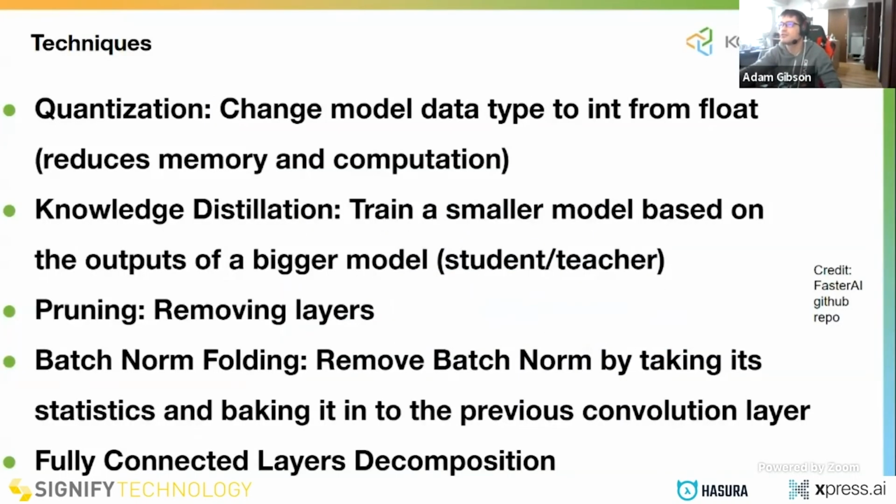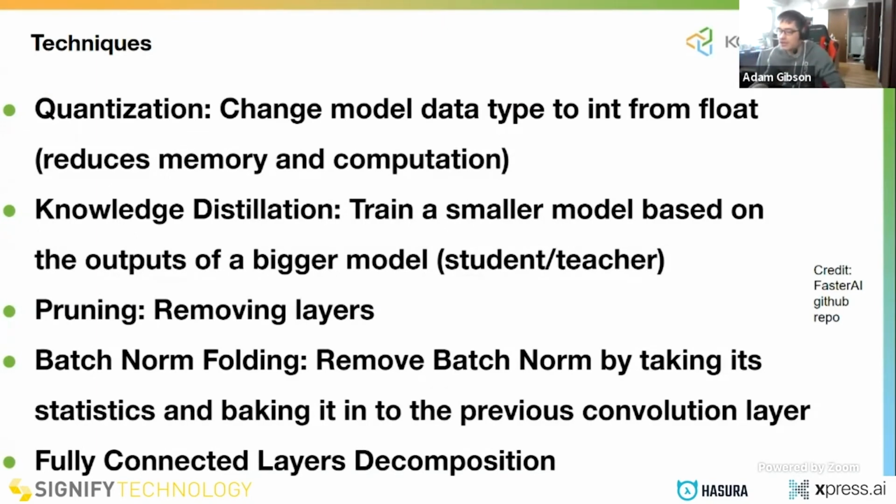So, tools and techniques: quantization is one thing. Knowledge distillation, a kind of teacher-student model: train a smaller model on the output of a larger one to approximate the same result. Batch norm folding. Batch norm, for those that aren't familiar, is a way of tracking the running mean and standard deviation of the mini batches and normalizing the output in the middle of the graph, which keeps it from diverging.